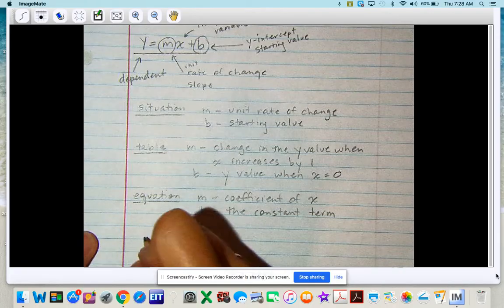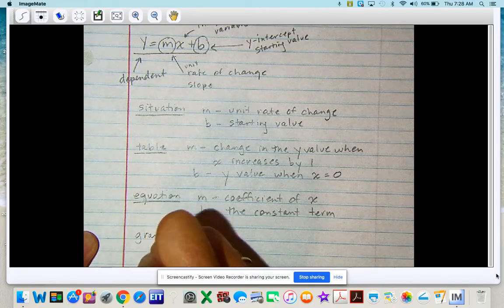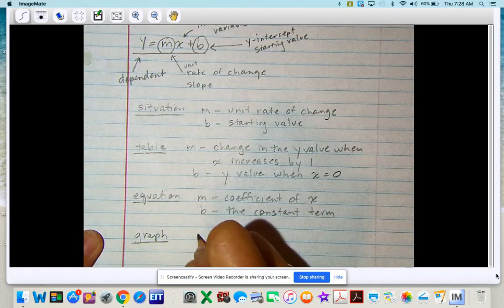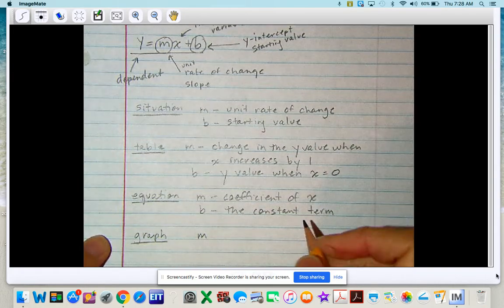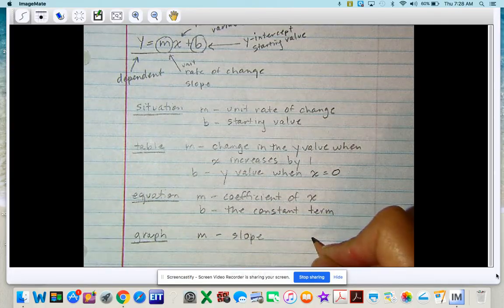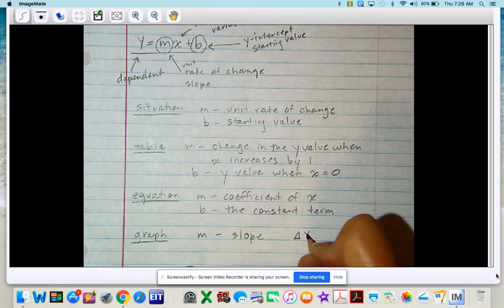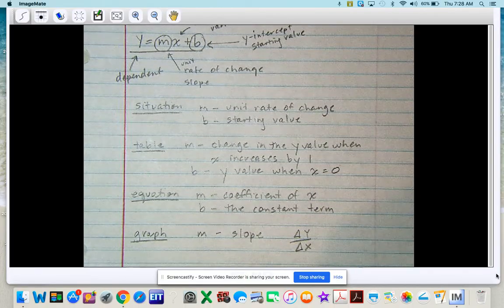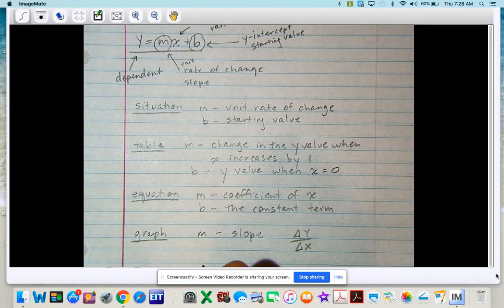All right, how about graphically? How do we figure out what the m is, or the rate of change, the unit rate? We find the slope. Okay, and you do that by finding the change in y and dividing that by the change in x. All right, and looking at a graph, where do we find the b value?